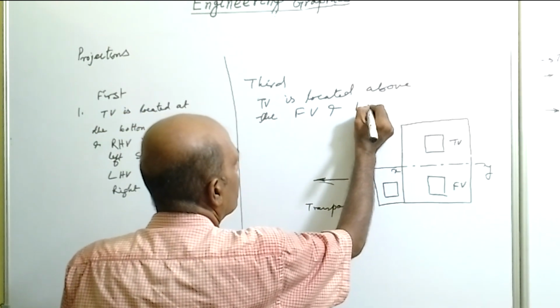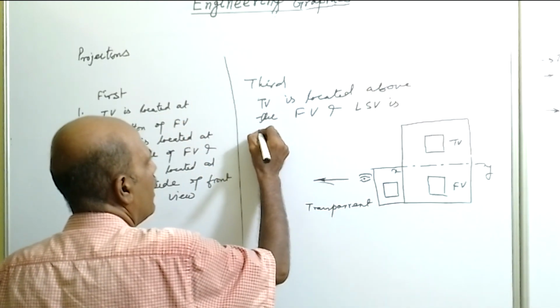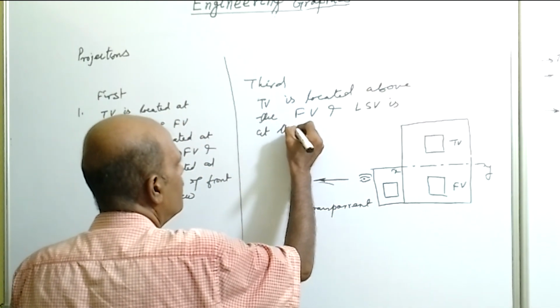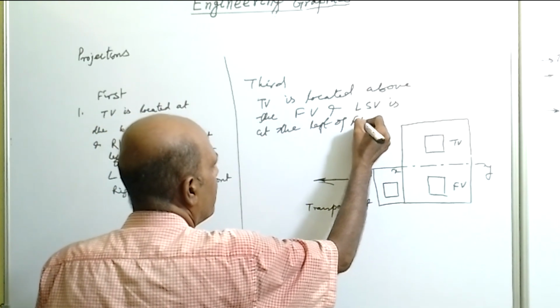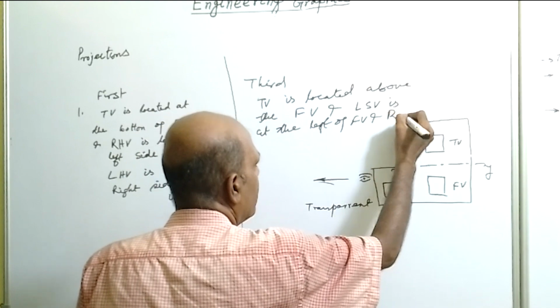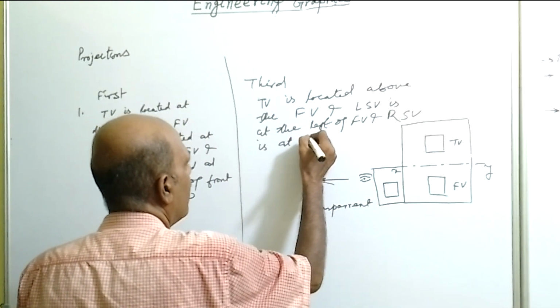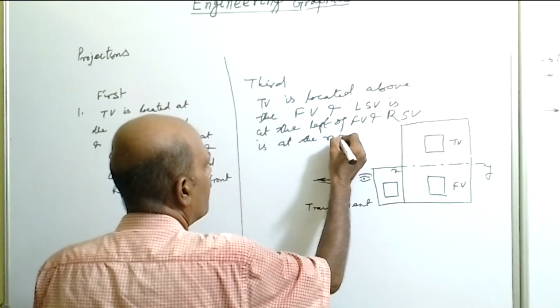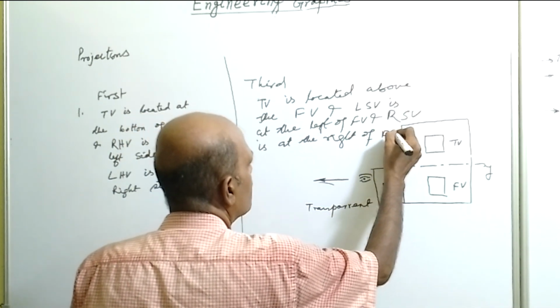The left hand side view is at the left of the front view, and the right hand side view is at the right of the front view.